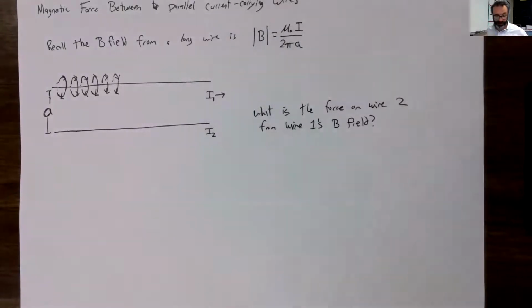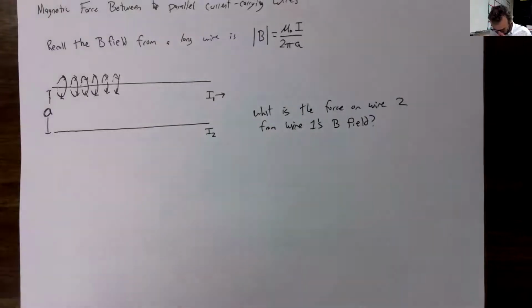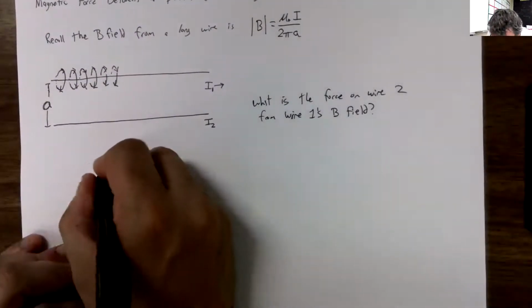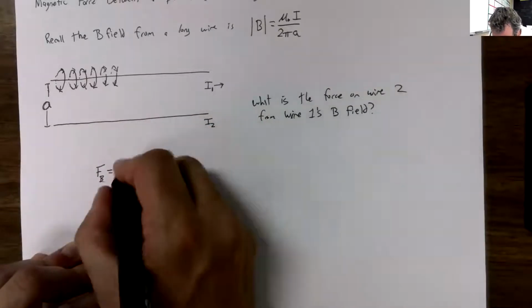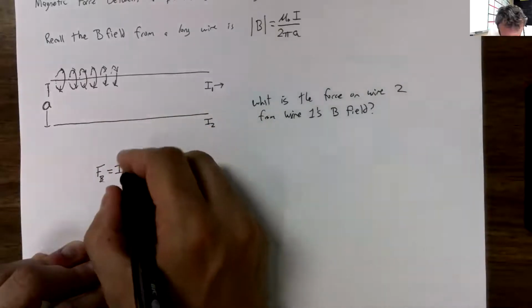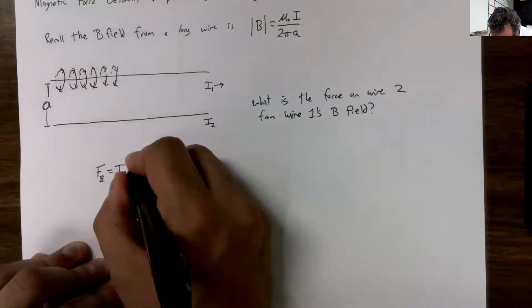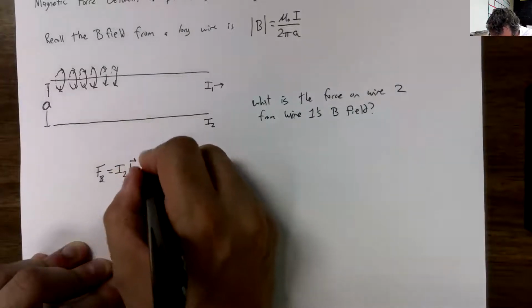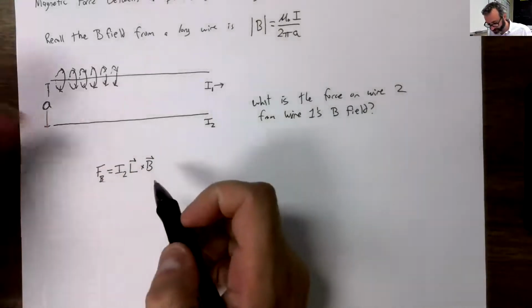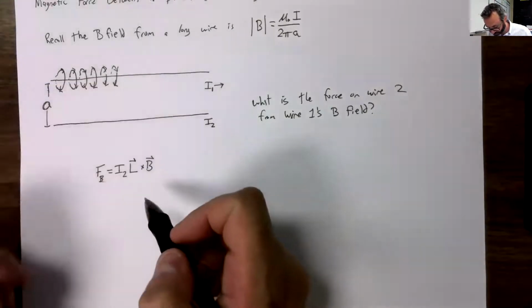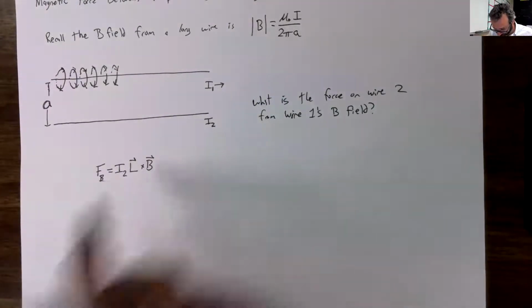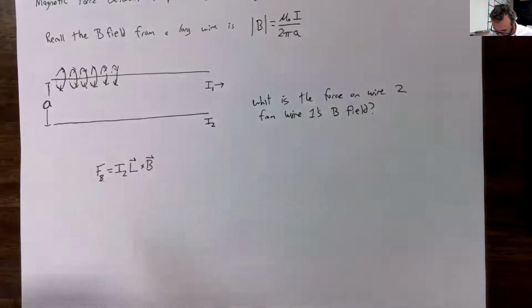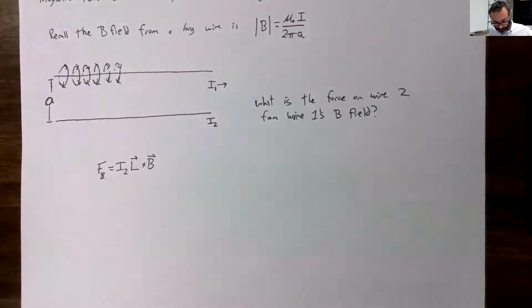We know that the force on a wire is going to be the current in the wire, I2, times L cross B, where L is the length of the wire, in the direction of the current, and B is the magnetic field.